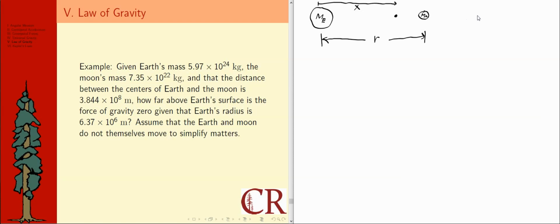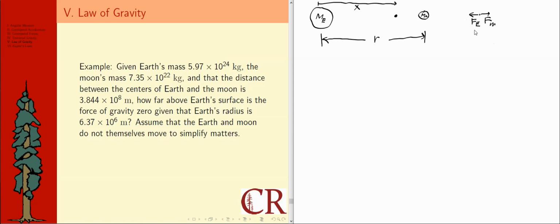But if I look at this situation, maybe I can draw a little free body diagram and ask, what's going to happen here? There's going to be a pull that the Earth, and I'll put F sub e here for Earth's gravitational pull on the object. And then in the opposite direction, there's going to be the pull of the moon. So I'm going to say F sub m for the pull of the moon there.